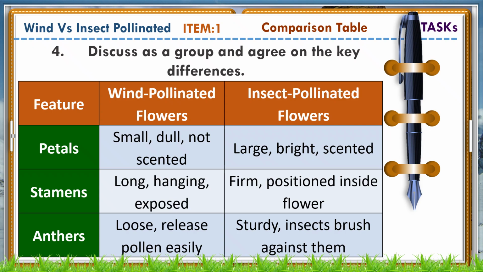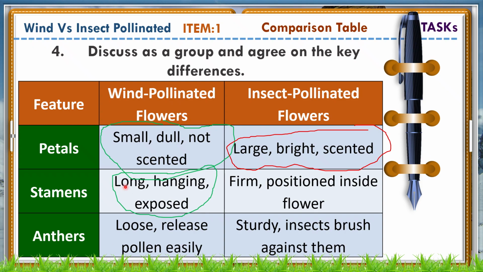When you talk of the petals, the wind-pollinated flowers, the petals are small, they are dull, and they are not scented. Whereas if you look at the insect-pollinated flowers, they are large, they are bright, and they are scented. That's a difference.